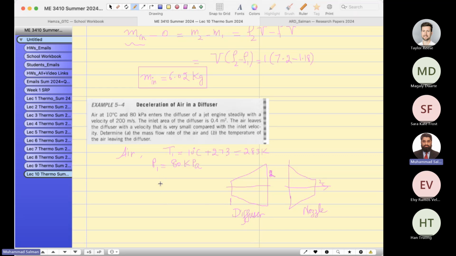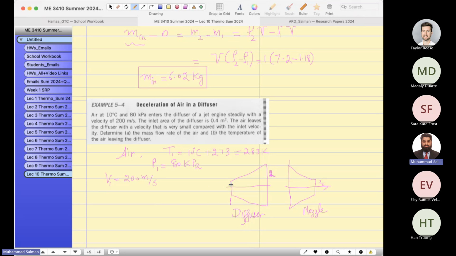Okay, now if you take a look here, 80 kilopascals air enters the engine steadily with the velocity, so the entering velocity is 200 meters per second. Inlet area.